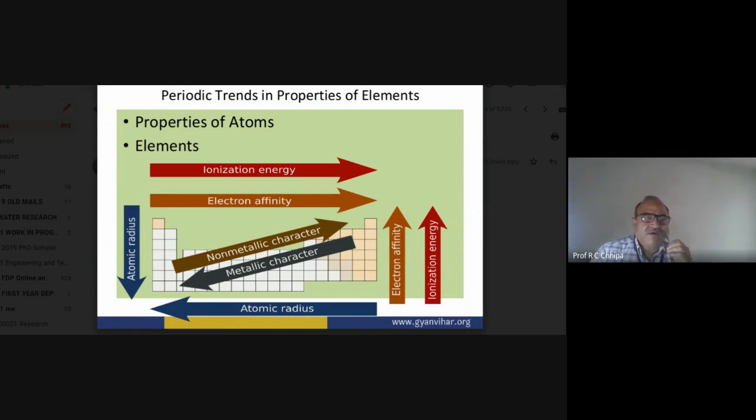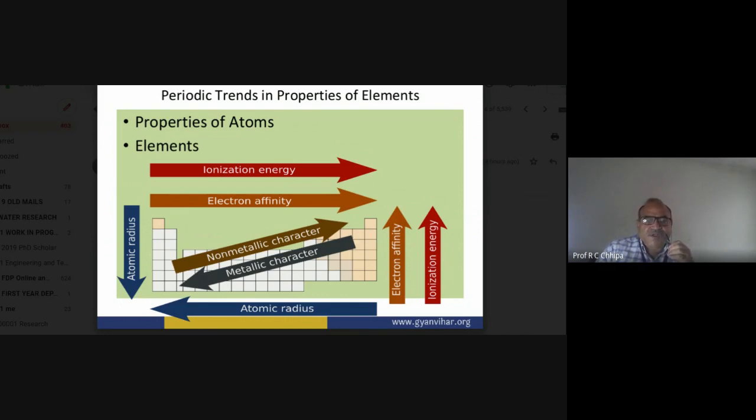So lastly we have four: ionization energy, electron affinity in two ways, then electronegativity as the third, and the fourth is atomic size.